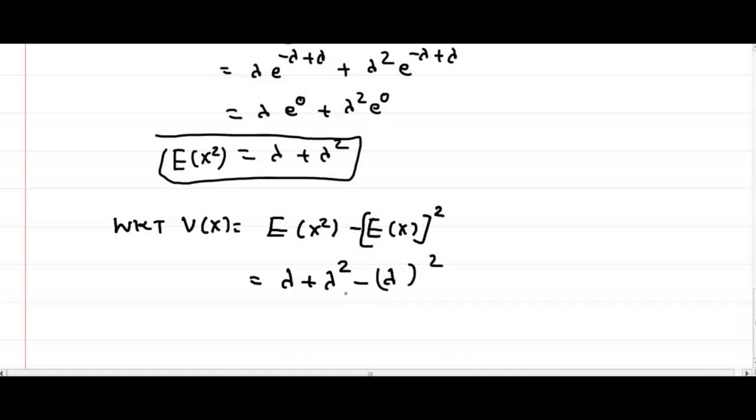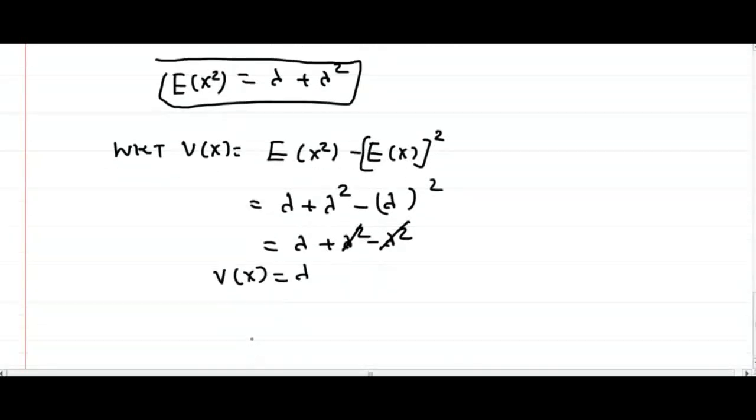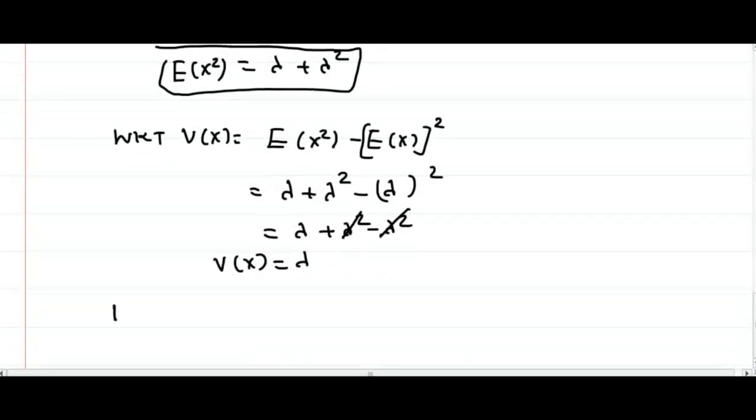If we simplify this, you get lambda plus lambda square minus lambda square, the plus and minus are getting cancelled, and you get only lambda. So variance of X equals lambda. Therefore, the moment generating function of a Poisson random variable is equal to e power minus lambda, e power lambda into e power t.